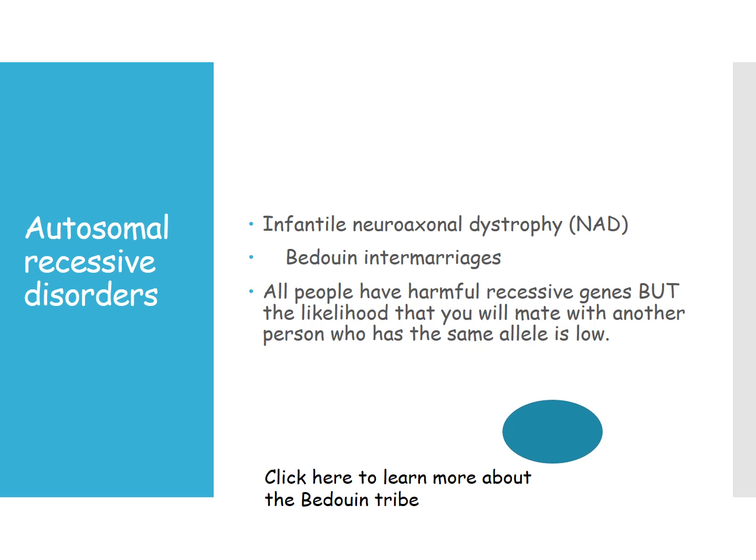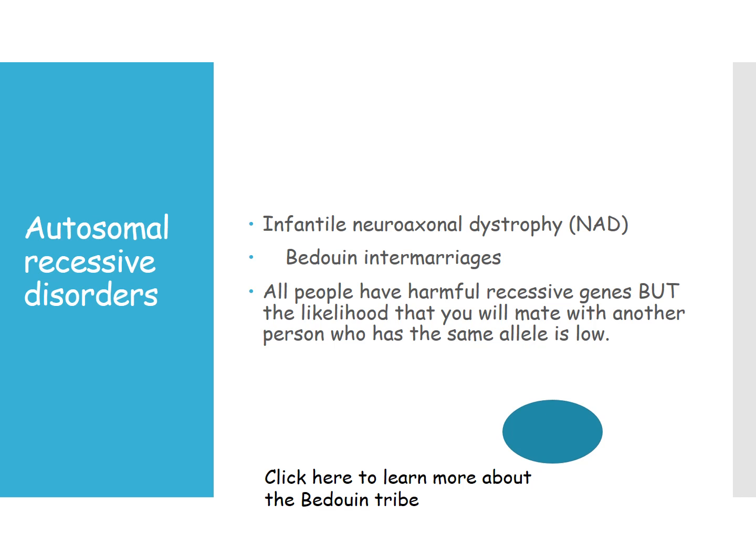Remember, in order for an individual to demonstrate a recessive trait, they have to inherit one recessive allele from each of the parents. This is a very unique disorder, infantile neuroaxonal dystrophy, or NAD. It's only found in one population of individuals in the world, and that's in the Bedouin tribes. It's due to intermarriages within one's family, tribe, or clan.